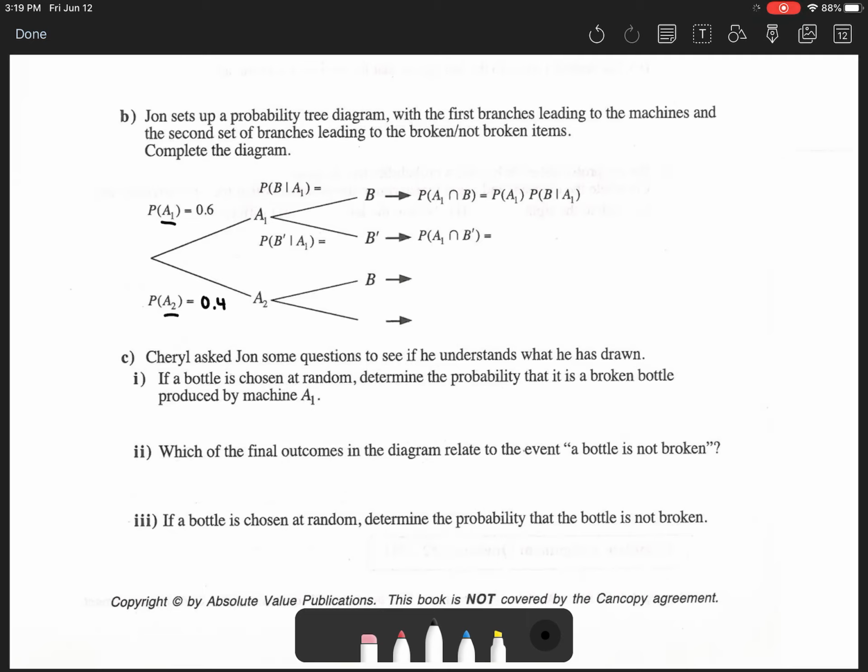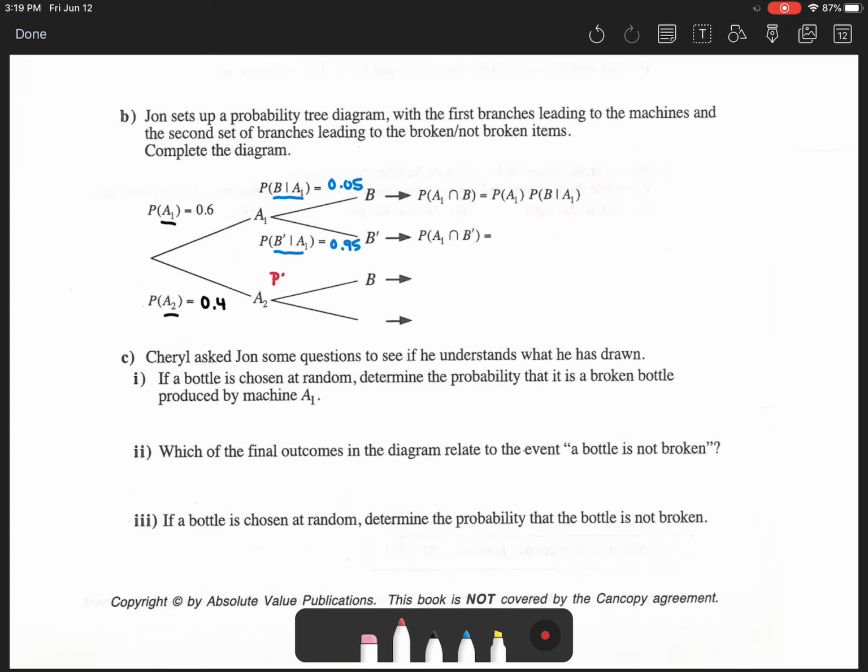Remember the probabilities at each stage along the process always add up to 1, don't they? Now, the next notation there is the probability that a bottle is broken coming from A1. Well, that's 5%. So below that, the probability that it's not broken when it comes from A1 would be 95%. Remember, they add up to 100%. Now I go to machine A2.